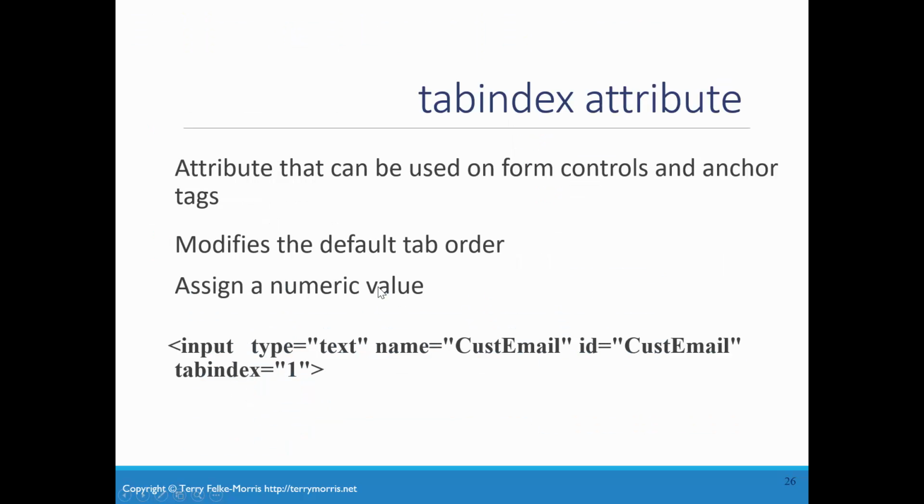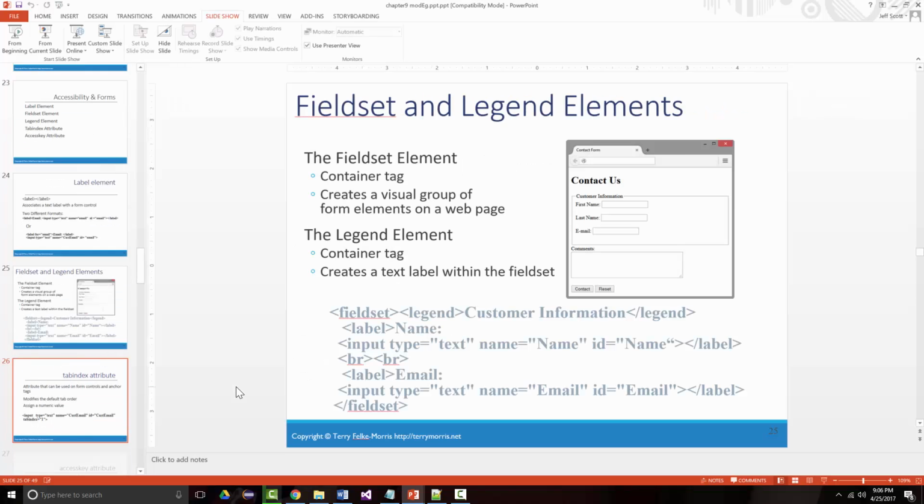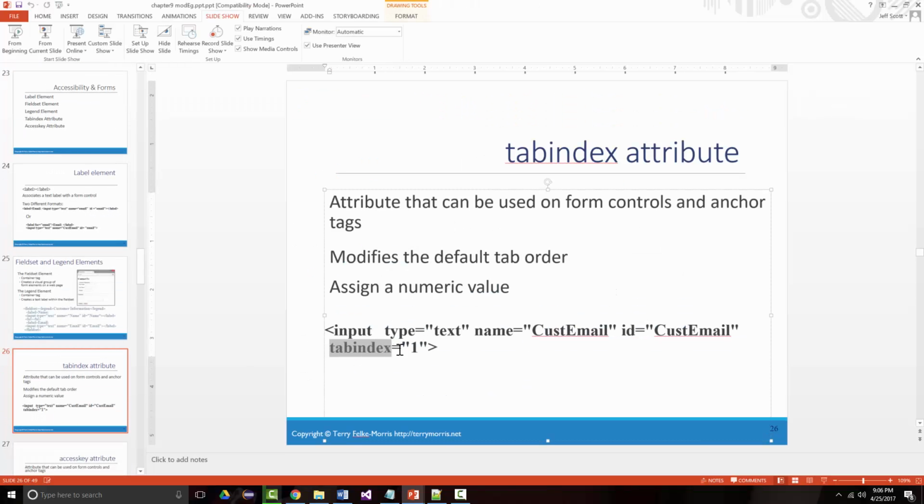The tab index basically says as you tab your way through, how is this going to work on the form? So I'm going to grab this tab index, and I'm going to set the tab index just for, let's set it for the first 5 fields, just so you can see what's going on here.